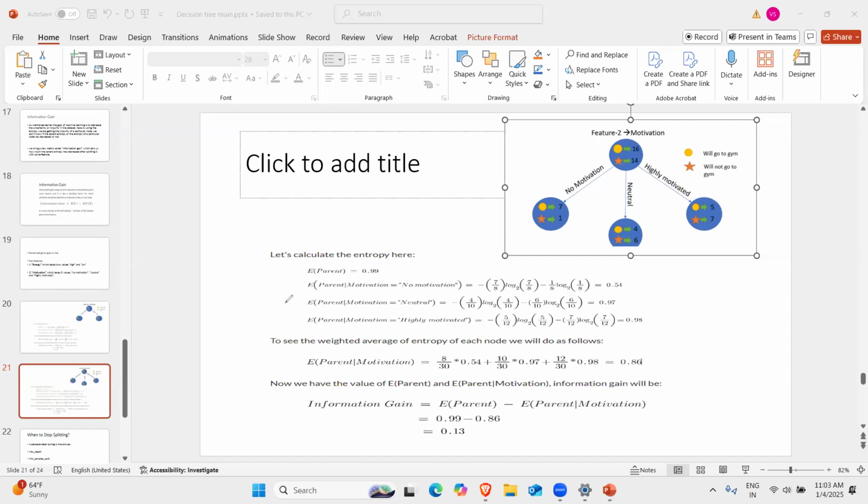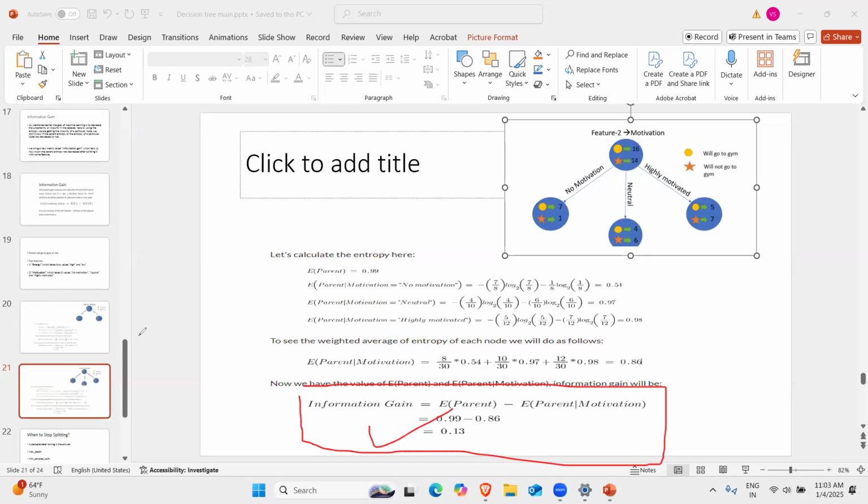And out of this, you are doing again the same thing, conditional entropy and information gain. So the change in the entropy, if you select motivation as the node to split your decision tree, the information gain is 0.13, right? This calculation is not needed for you because nobody will ask you to calculate that. But we are understanding the significance of information gain.